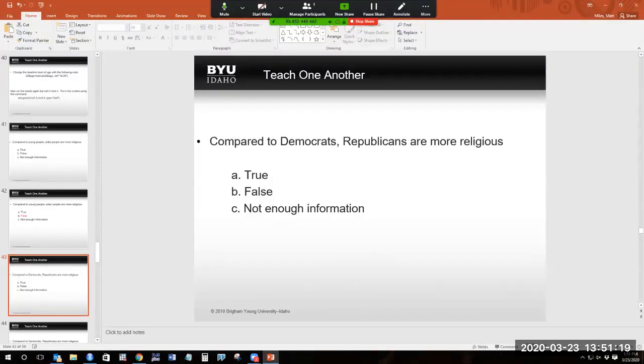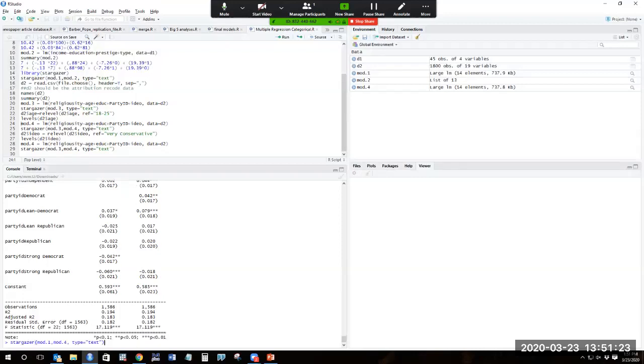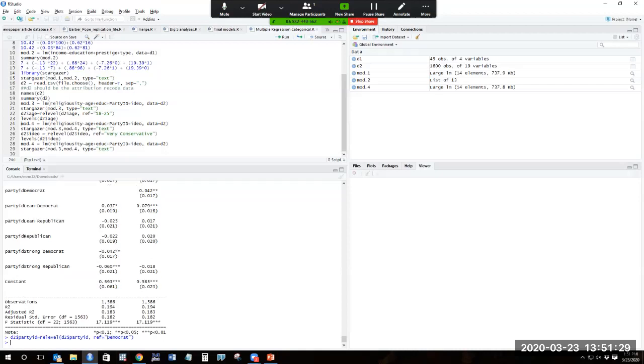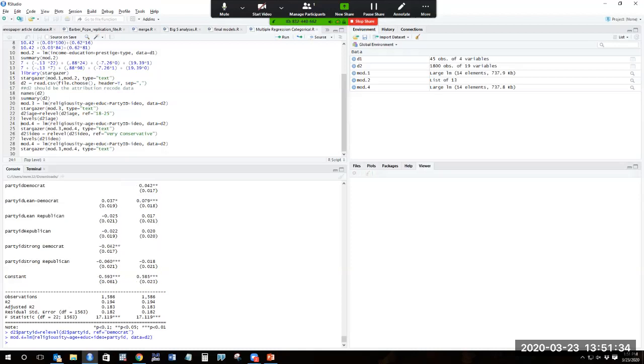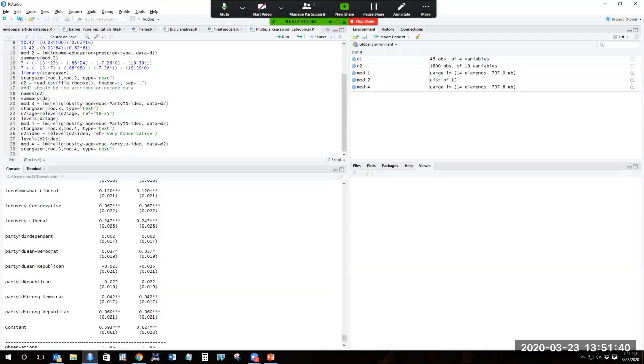It's true. Well, actually, now I got to change it again to actually test that exact question, right? Get rid of the strong. So let's go Democrat. Run the model again. Okay. Republicans compared to Democrats, no difference.